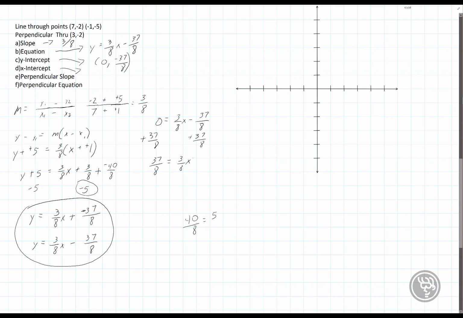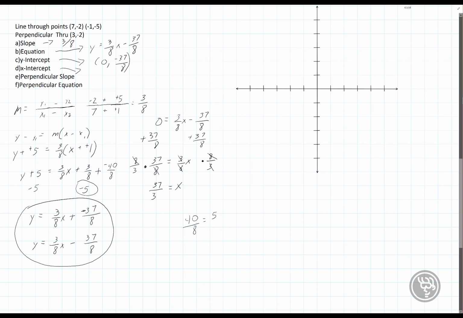All right. So we're going to multiply this side by 8 over 3, right? The reason we're doing that is because we can get rid of these. Multiply it over here, 8 over 3. And it's okay, because all that happens is these cancel. All right, so you have a lot of stuff cancel. And so we have the 8s. The 8s basically cancel each other. This is going to become 37 over 3 is equal to x.